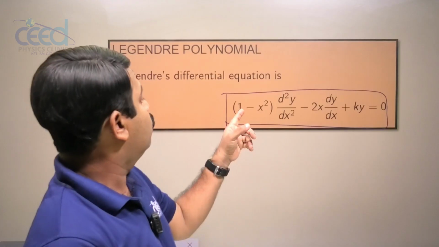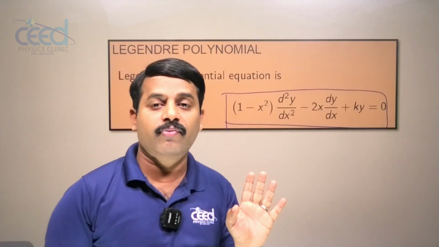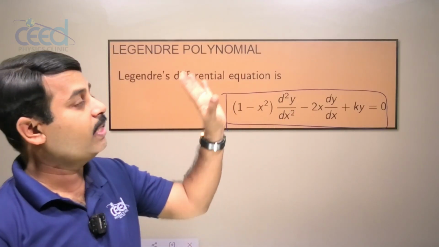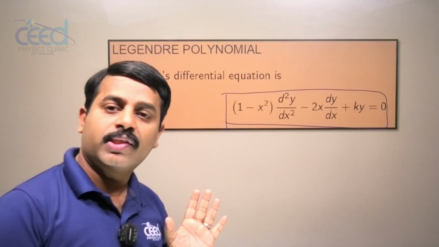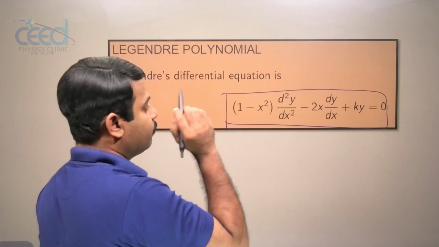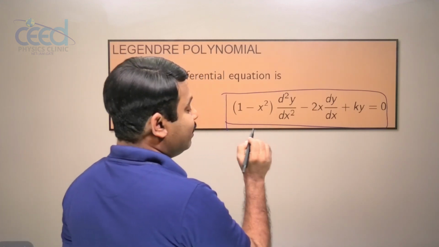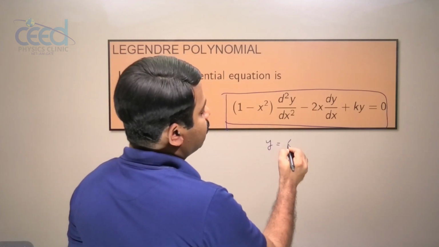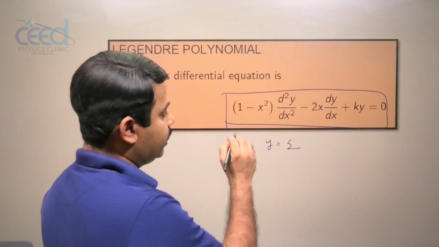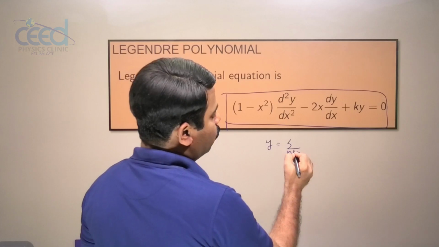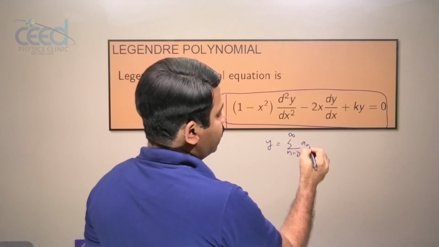Right. So the solution of this Legendre differential equation is known as Legendre Polynomial. So how do we solve this differential equation? To solve higher order differential equations, we consider a series solution, that is y equal to sigma n is equal to 0 to infinity a_n x raised to n.